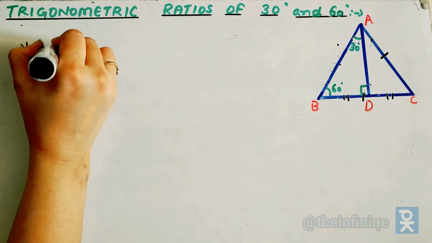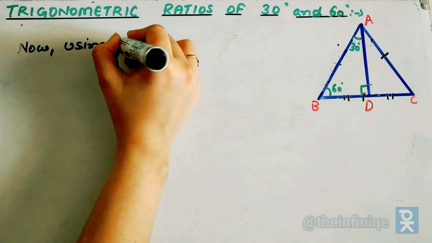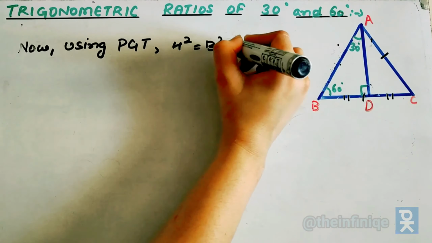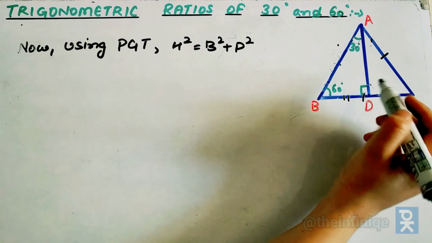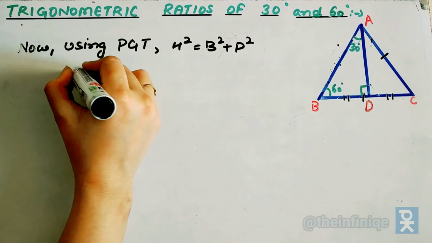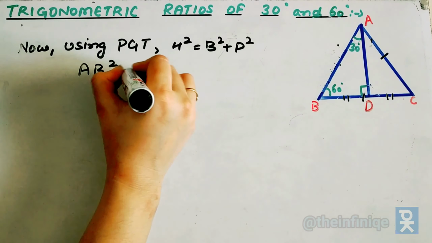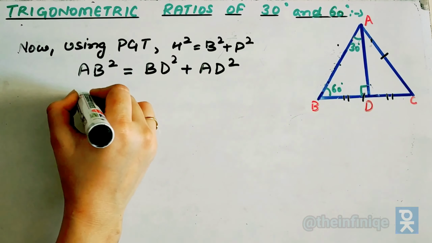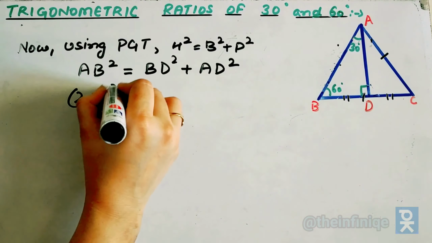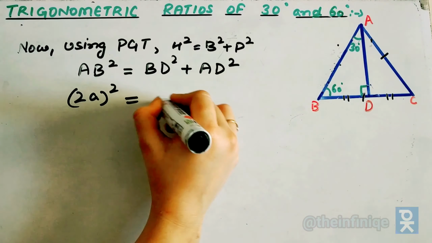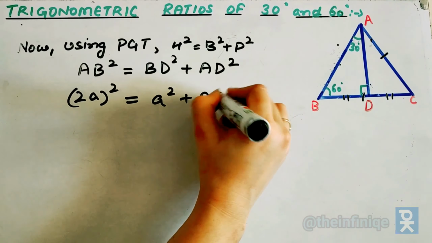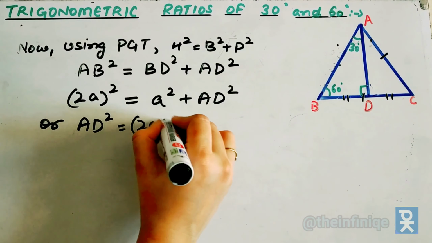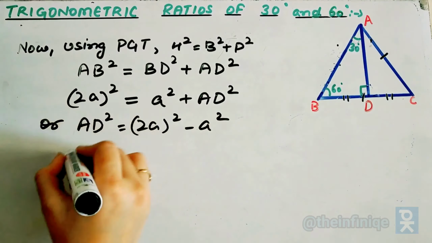Now, using PGT, Pythagoras theorem, that is hypotenuse square is equal to base square plus perpendicular square in triangle ADB. Hypotenuse is AB, base is BD, and perpendicular is AD. AB is twice a whole square, BD is a square, plus AD square, or AD square is equal to twice a whole square minus a square.